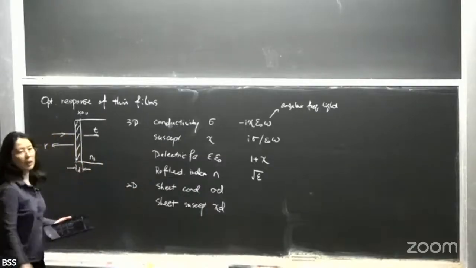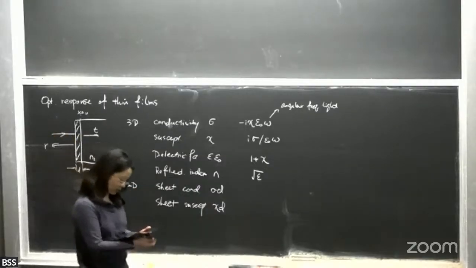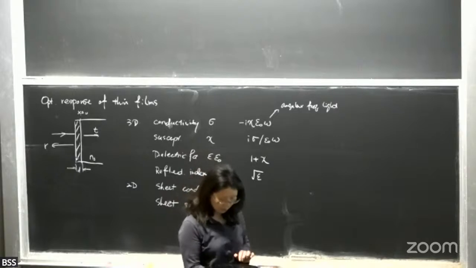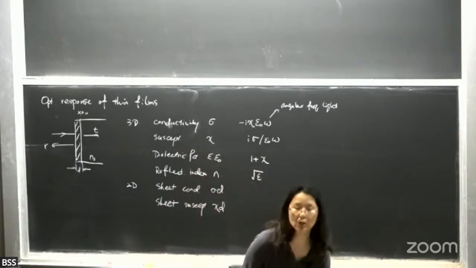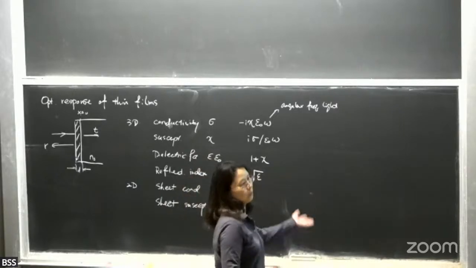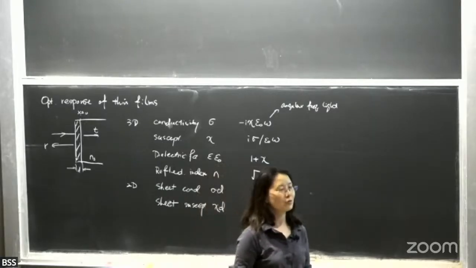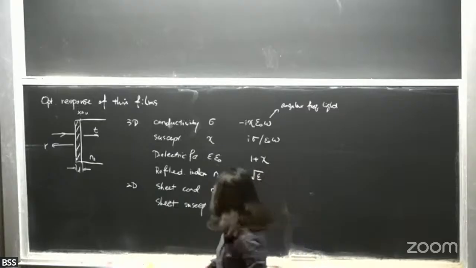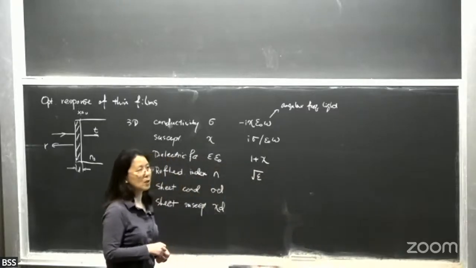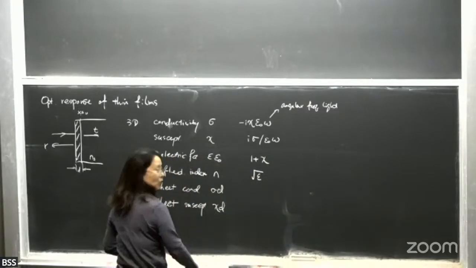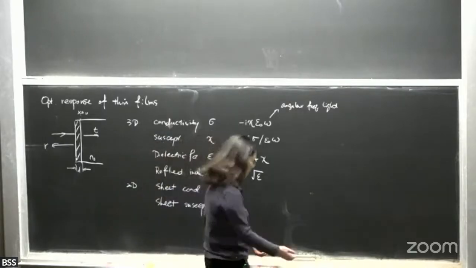So that's pretty much the quantity we want to get. And how to do this, I think that Peter already talked about: you're doing Fresnel equations or transfer matrix operation, right? So I'm not going to bore you with how to get this. I just show you the result you probably have already seen in his lecture.